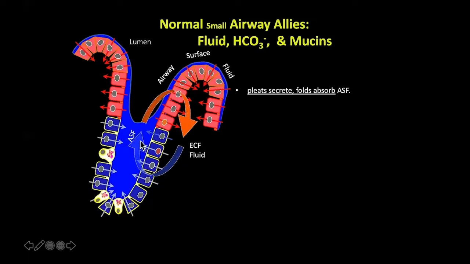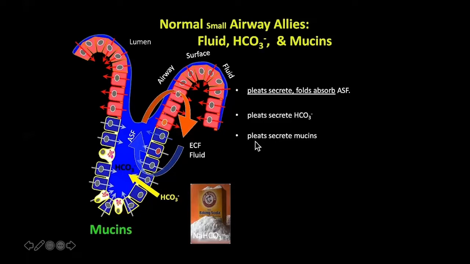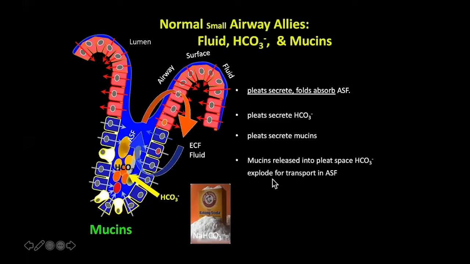So in the pleats, we secrete the fluid, and in the folds, we absorb the fluid. In the pleats, we also secrete bicarbonate, and the bicarbonate is very important to provide the environment for secreting mucins. When the mucins are secreted in the presence of bicarbonate, they explode and are released into the ASF so that they can be transported as large macromolecules and not as condensed, compacted granules.